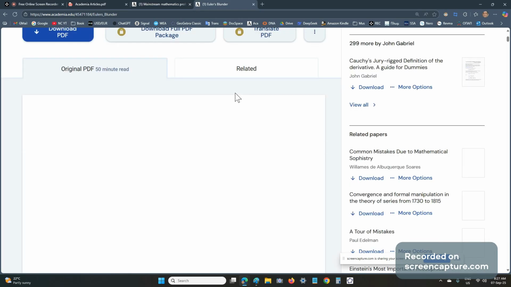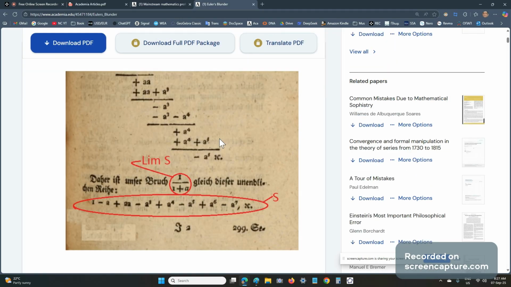Okay, so in his Elements of Algebra, which I call Elements of Algebraish, this is what he said. He took this fraction here, which is actually the limit of this series, not its sum. No, no, no, no, no, no. Remember what I told you earlier? Rudin, in his real analysis formalism, said it's not an infinite sum. Okay. Now, there's nothing infinite about this fraction, is there?